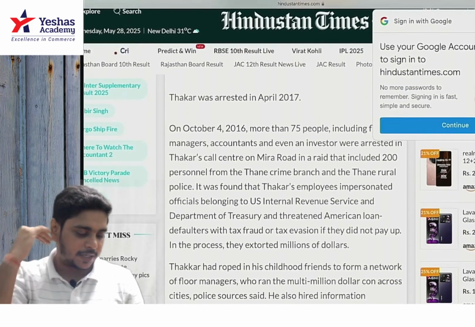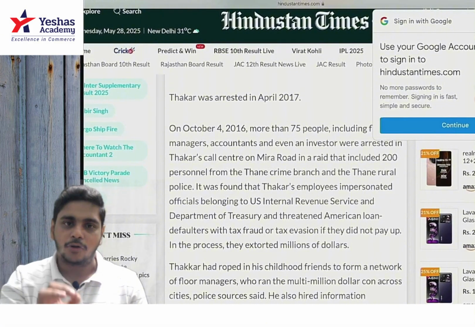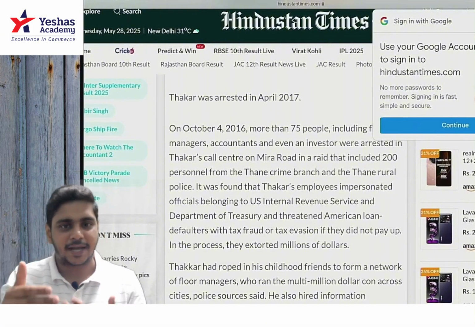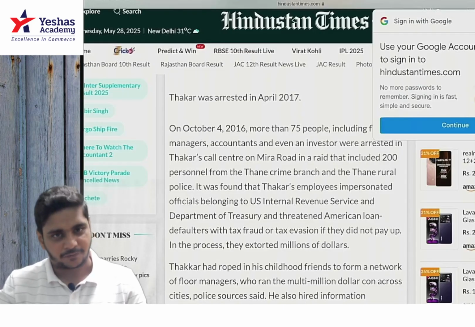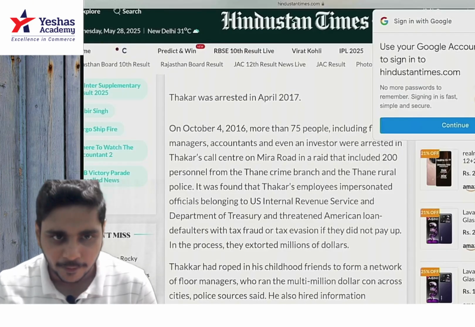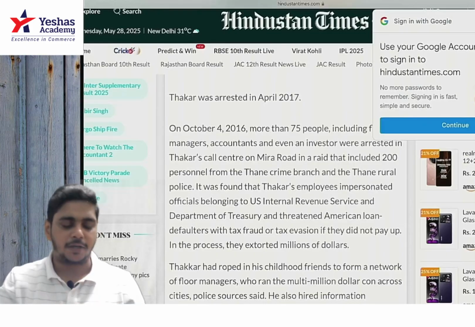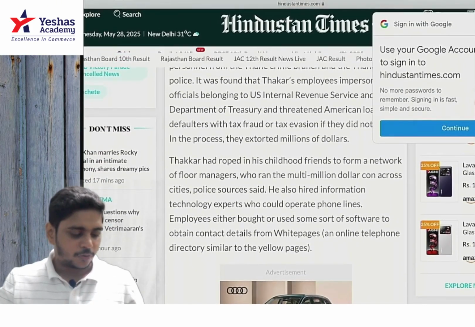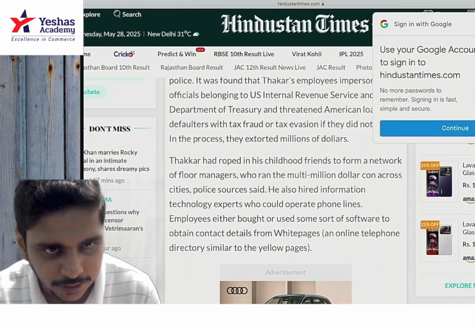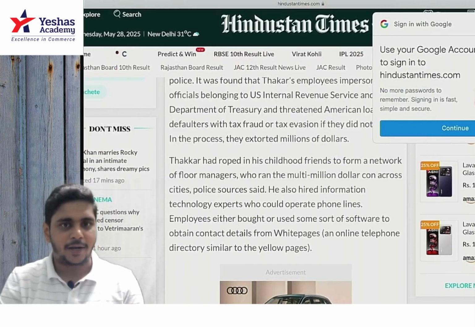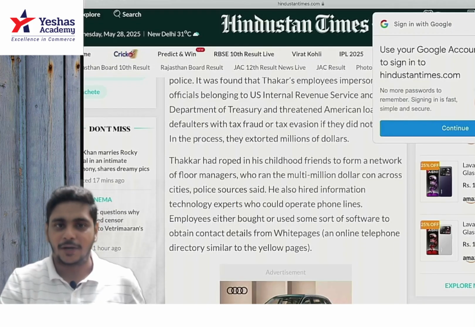It was found that Thakkar's employees impersonated officials belonging to the US Internal Revenue Service, like the tax department, and the Department of Treasury, and threatened American loan defaulters with tax fraud or tax evasion if they did not pay up. In the process, they extorted millions of dollars. Thakkar had roped in his childhood friend to form a network of floor managers who run the multi-million-dollar call centers across cities, police sources said. He also hired an information technology expert who could operate phone lines.